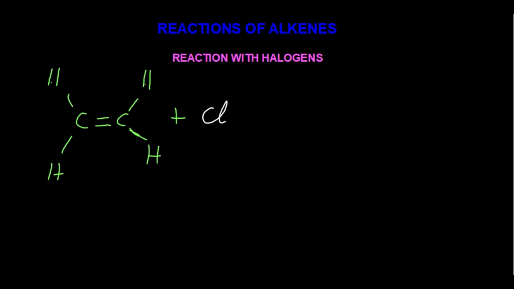This is chlorine molecule. We write chlorine molecule in this way, right students, to show the addition of chlorine molecule. Now here in chlorine molecule, one chlorine atom added to this carbon, right students, and second chlorine atom added to first carbon. Now after the addition of chlorine atoms, we will see what product is formed.